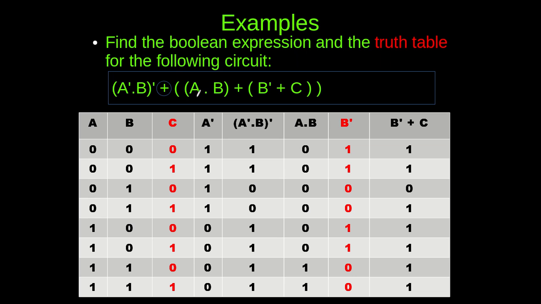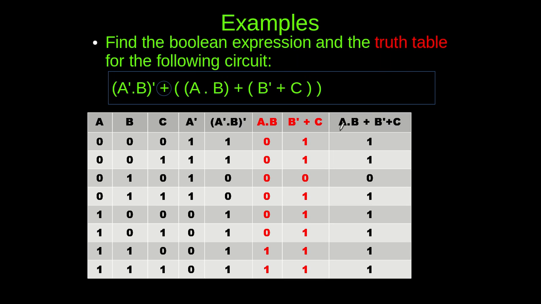So I got this and I got this. Now I do this, which is AB, ORed with this. I'll get all this, and XOR it with this, which I have here.